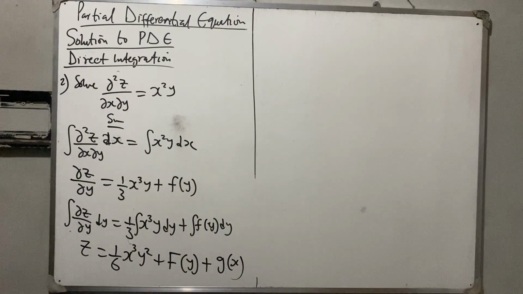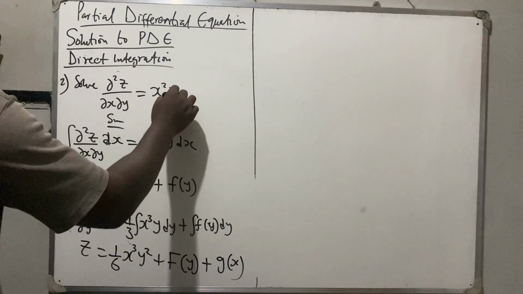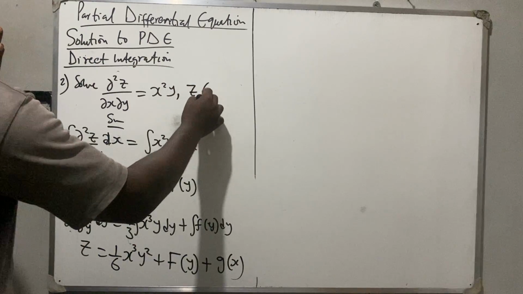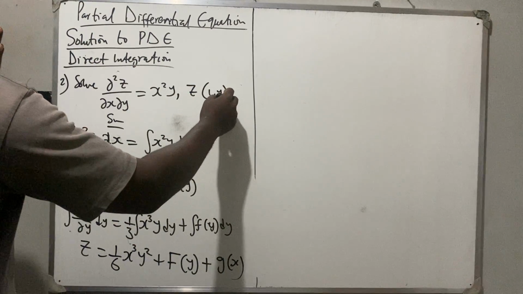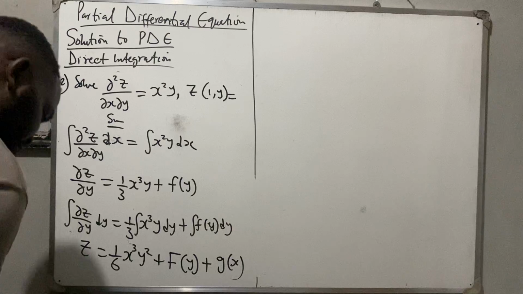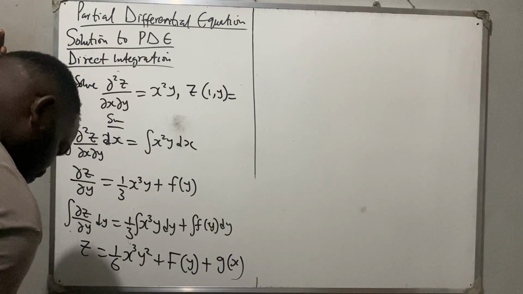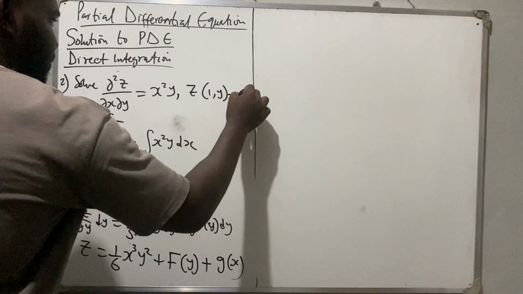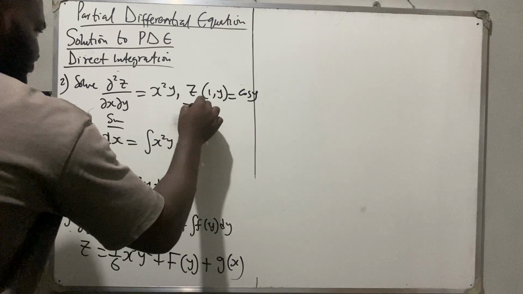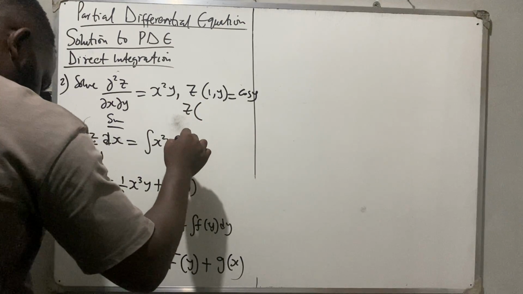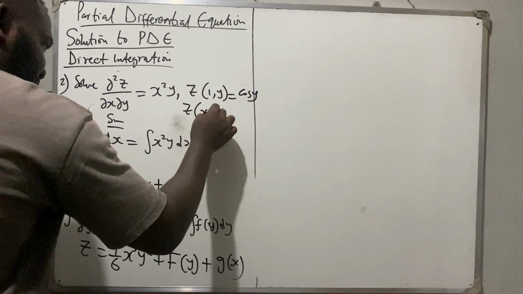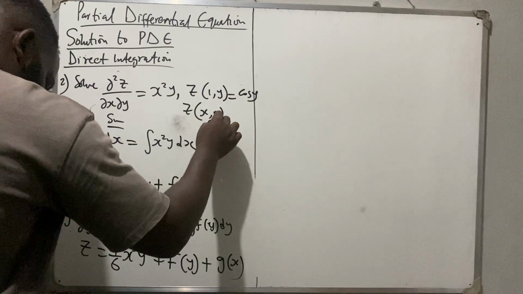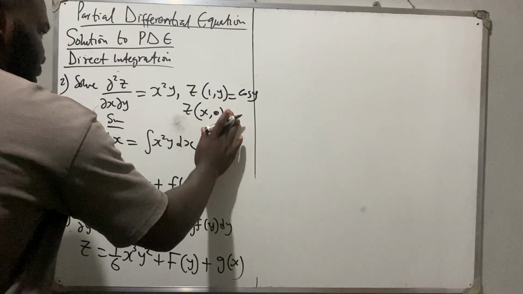In this one, they gave us conditions. The conditions they gave us here are that z of (1, y) is cos y, and z of (x, 0) is x squared.